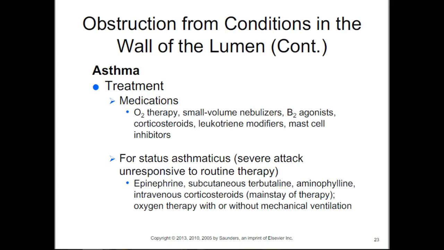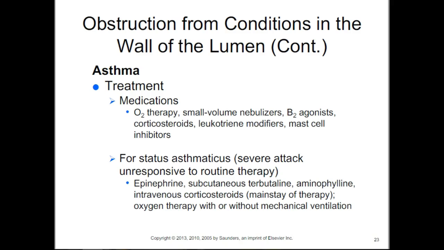All right, so medications, right, oxygen therapy, small volume nebulizers, the beta-2 agonists, which are kind of my favorite, your Ventolin and albuterol, right, corticosteroids, which are not my favorite, some leukotriene modifiers and mast cell inhibitors, all are possible treatments for asthma.